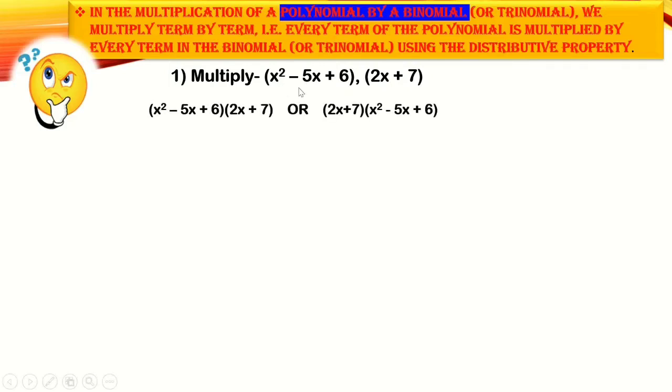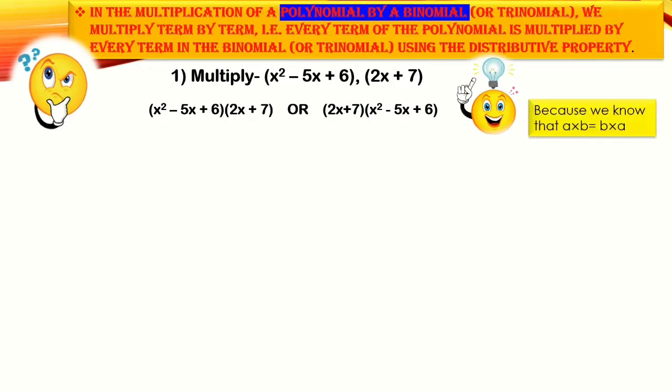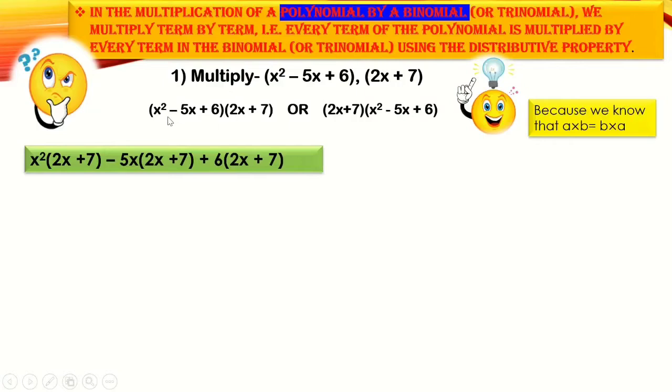So we are multiplying these two expressions. As I told you, either we can multiply it from the right hand side or we can multiply it like this, because we know that a into b is equal to b into a. That is the commutative property of multiplication, right? So let's see now.